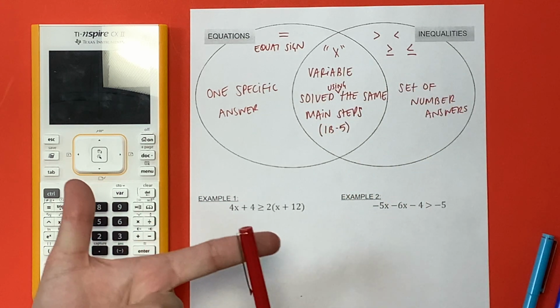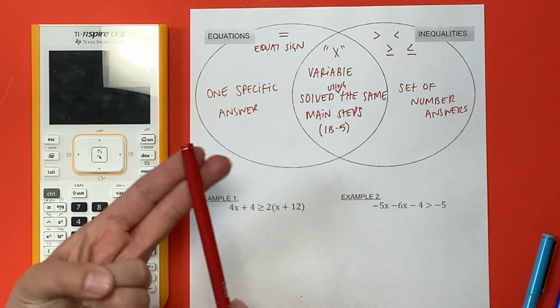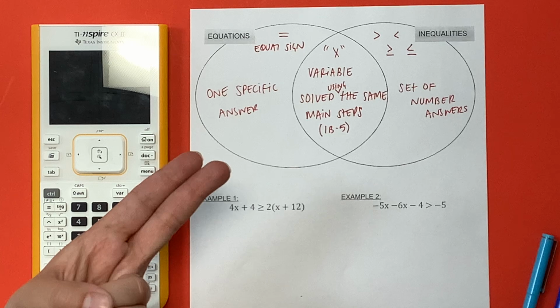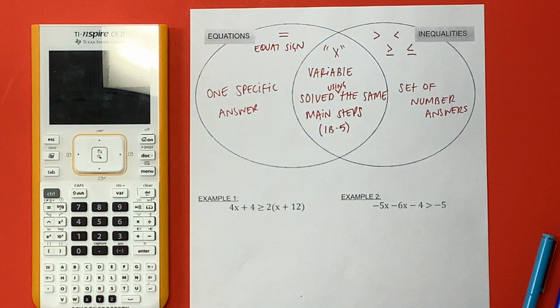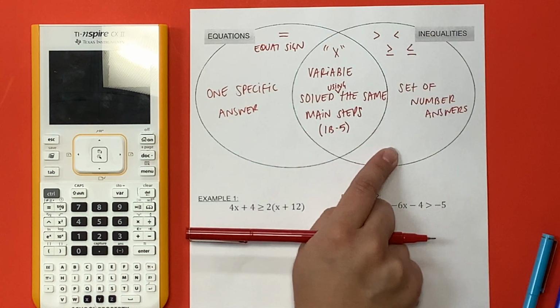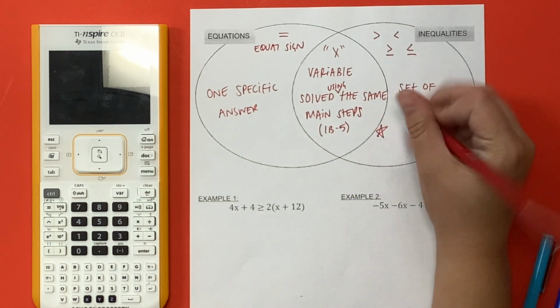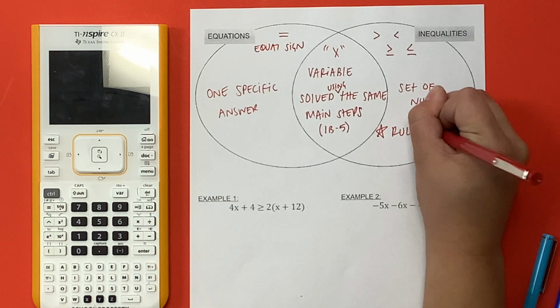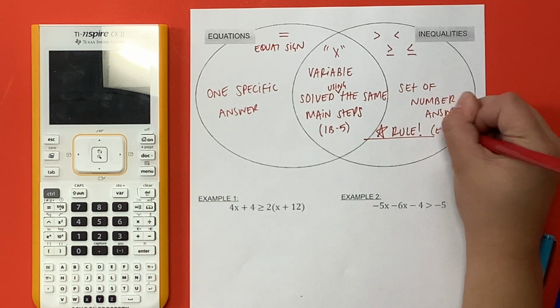It tells us to use the distributive property first. It tells us to combine like terms on the same side. Then we combine like terms on the different sides using inverse property. And then we isolate the variable, okay? There is one final difference between inequalities and equations, and it is something specific for inequalities. So please put a star and say that it is a new rule that happens at the end.